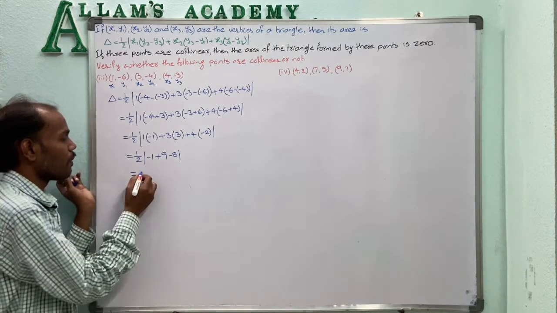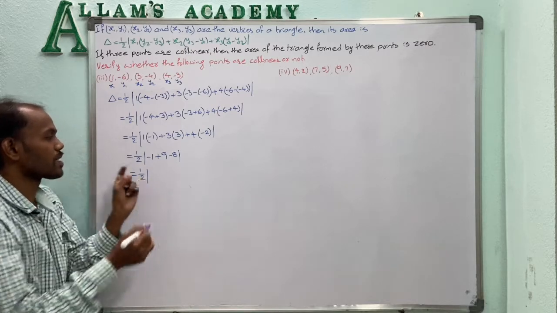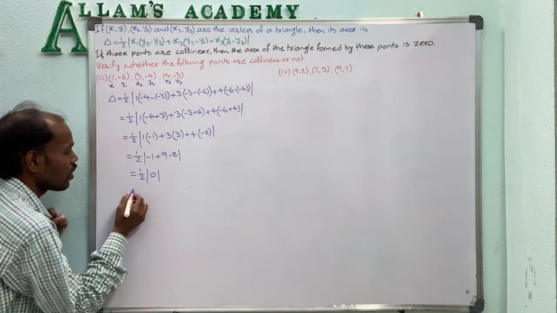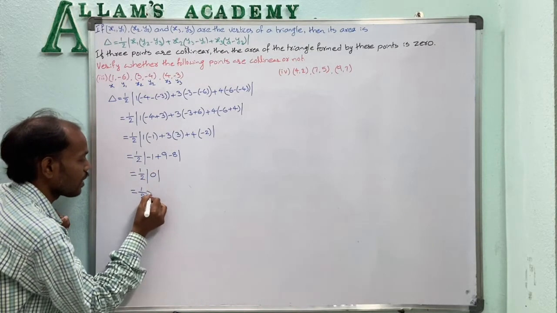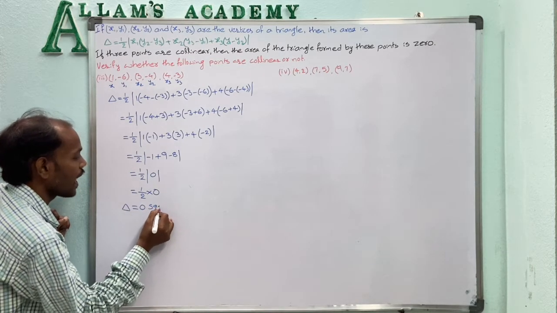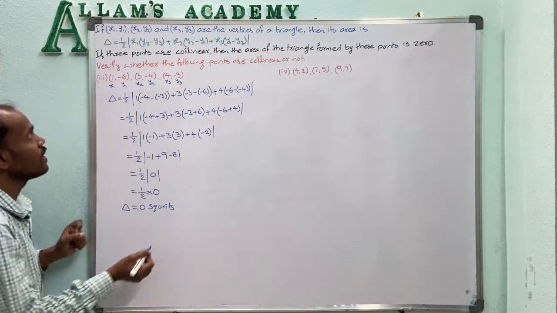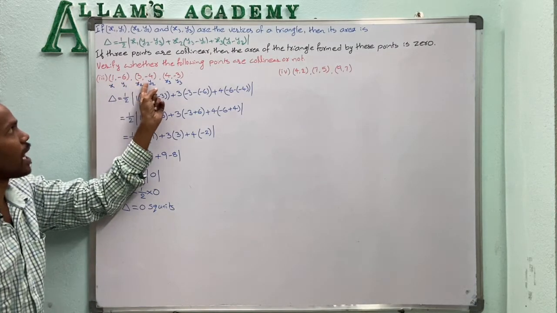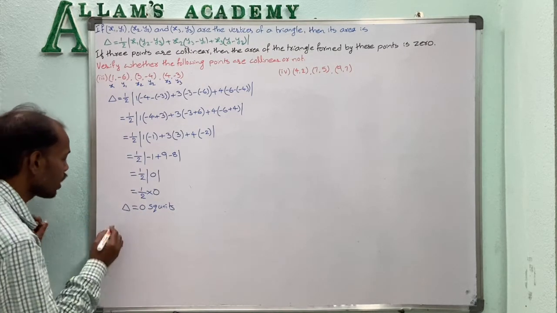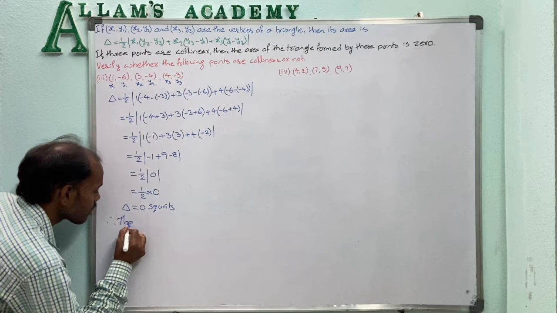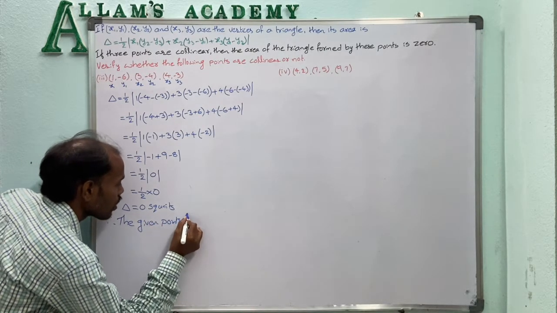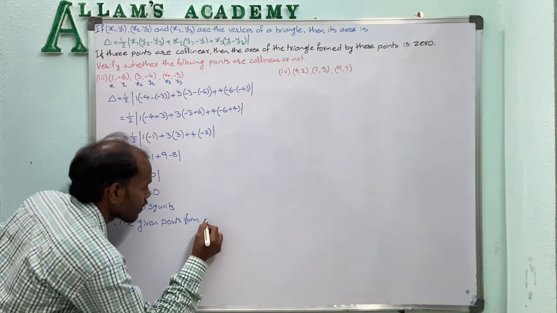So minus 1 plus 9 is equal to plus 8, 8 minus 8 equals 0, so half into mod 0 is nothing but half into 0, which equals 0. So the area of the triangle formed by the vertices (1, -6), (3, -4) and (4, -3) is 0. Therefore the given points form collinear points.